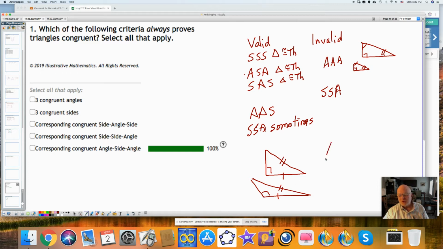If it is an acute triangle, the only time that it will work is if my side that is not adjacent is longer. So if this one is longer, this would work, and it would guarantee it. But it does not always guarantee it, because if the second side is shorter than this first one, I could do it like this or like this.